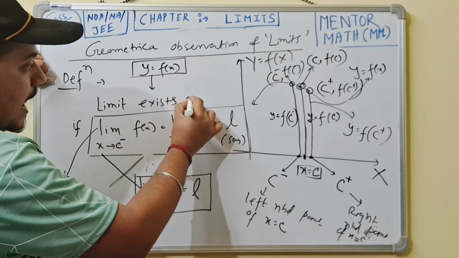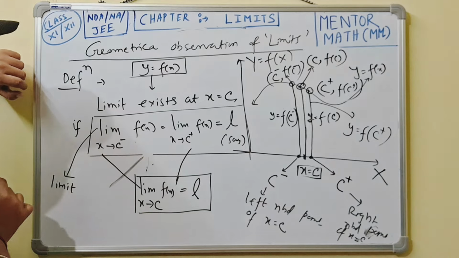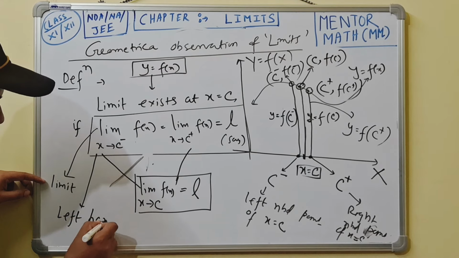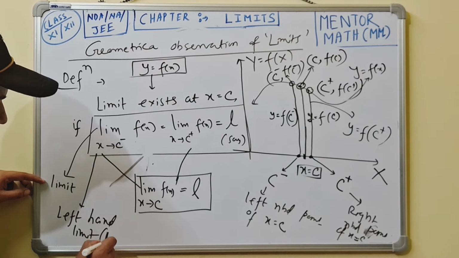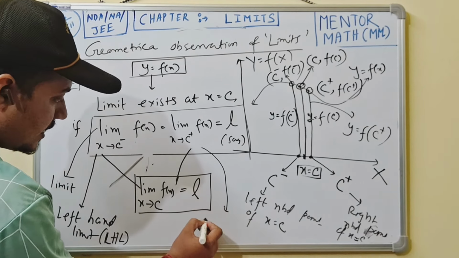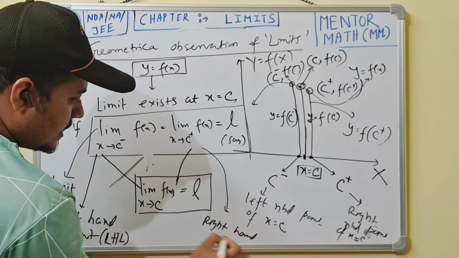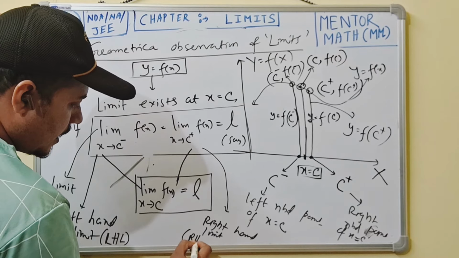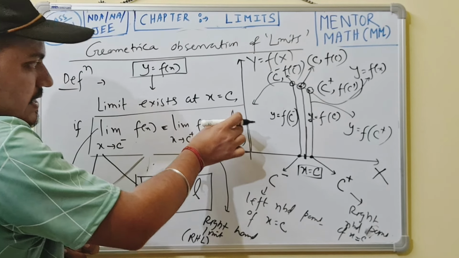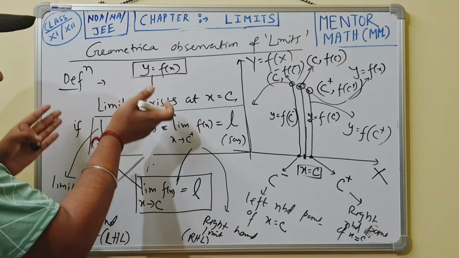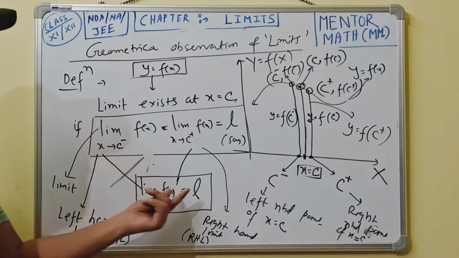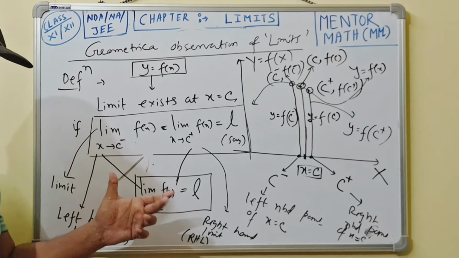You can write here that the limit exists at the point x equal to c. The left hand side is the left hand limit, which you can shortly write as LHL, and similarly the other form is the right hand limit, RHL. If the left limit is equal to the right limit and this value gives a unique number L, then the limit exists at x equal to c, and the limiting value is L. It does not mean the exact value L, it means approaching, close to L.